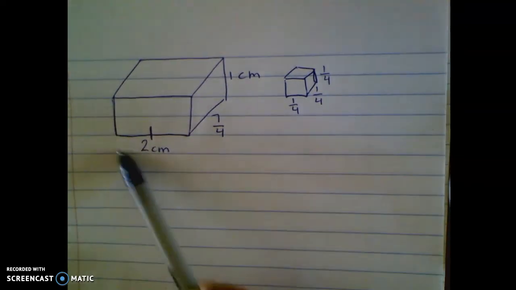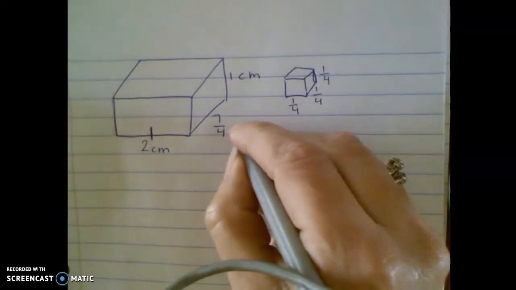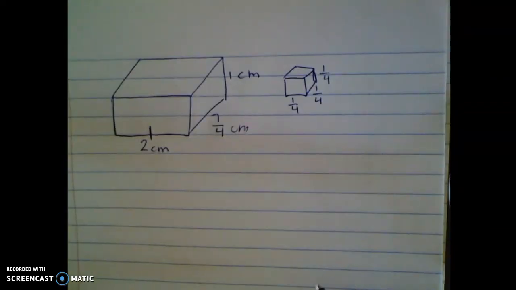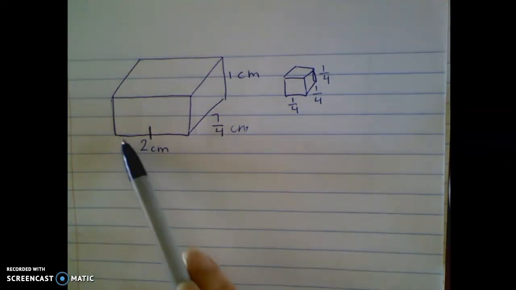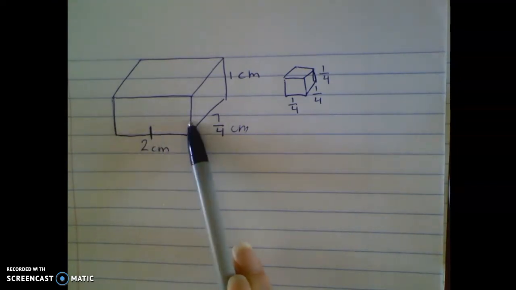So right now, we know that this box is 2 centimeters across, 7/4 of a centimeter wide, and 1 centimeter high. So the first thing I do is I kind of picture how many of these 1/4 blocks would fit across this front part.